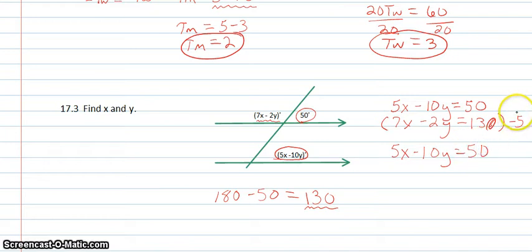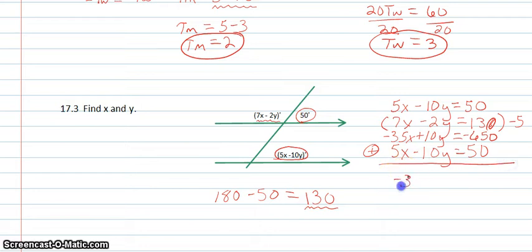And then I'll go ahead and multiply across my negative 5. So I'll have a negative 35x plus 10y equals a negative 650. And I'll add these together.